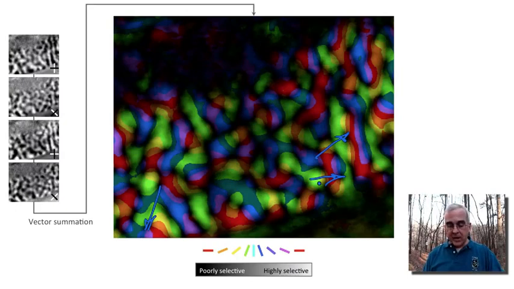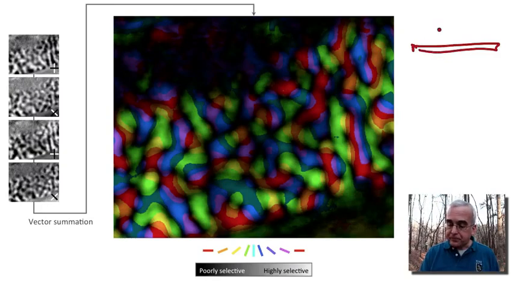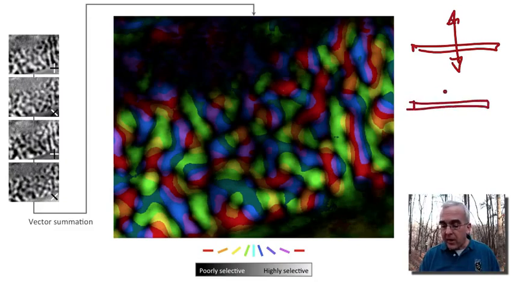Now, we and others have done experiments where we've plotted out the activity maps, not just of, let's say, a horizontal bar moving along a particular axis of motion, but let's say a horizontal bar that's either drifting in just one direction or drifting in the opposite direction.